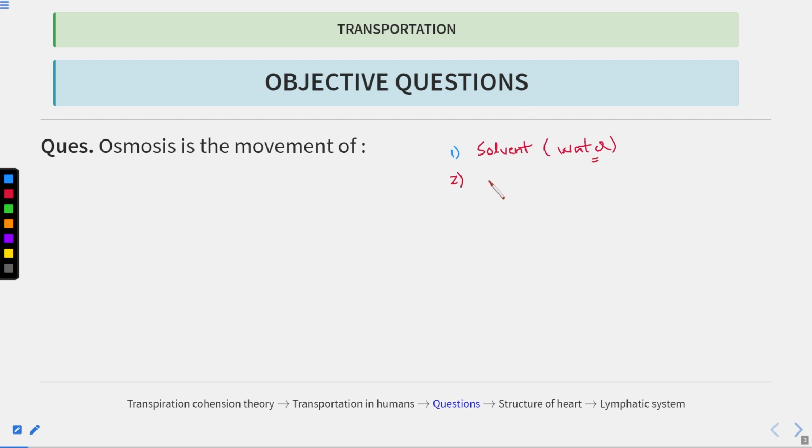There is a movement of the solvent molecules from a region of low concentration of solute towards the higher concentration of solute. So it is the opposite of diffusion. In diffusion, there is a movement of the solute molecules from the region of higher concentration of solute to the region of lower concentration of solute.